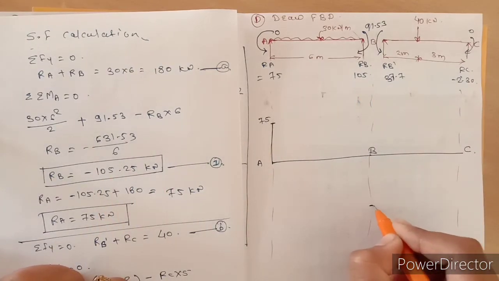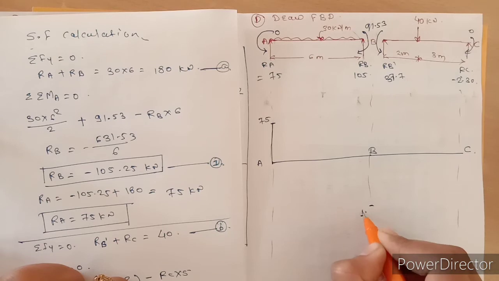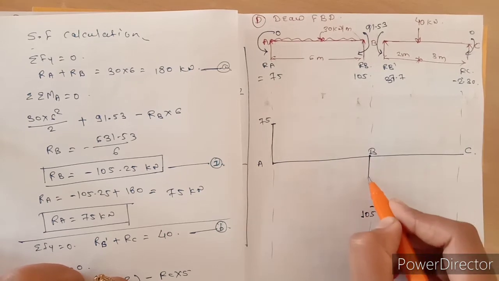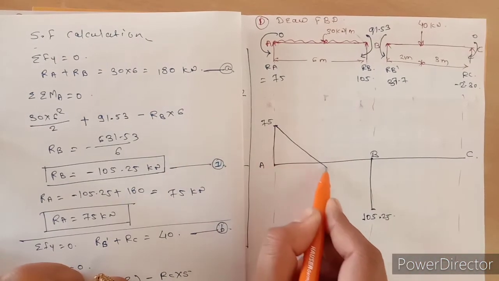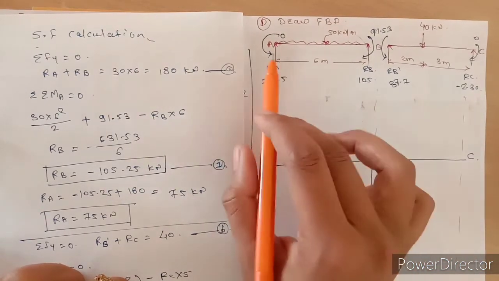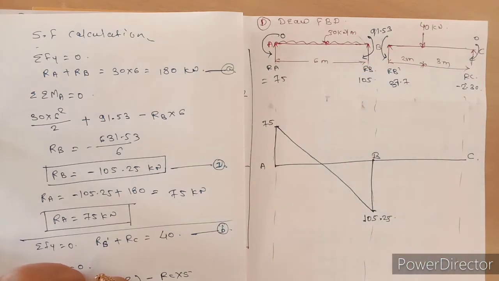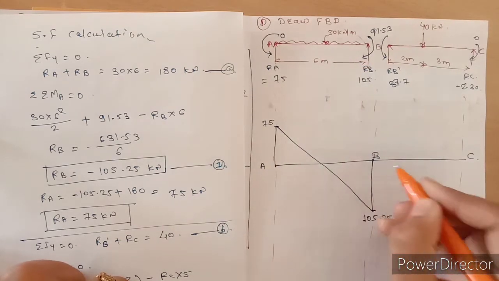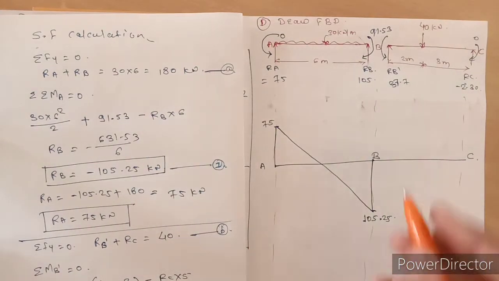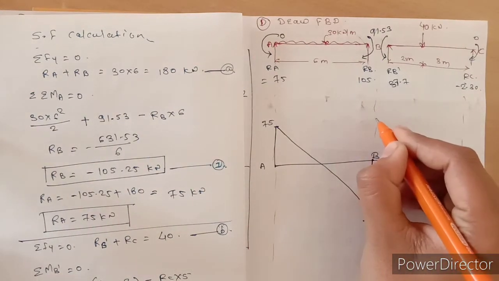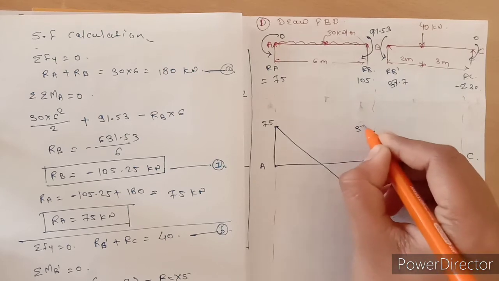So approximately here minus 105.25. So here the diagram is like that. An inclined line, because over this AB member a UDL acts. Then RB dash is 37.7 plus. So approximately here.